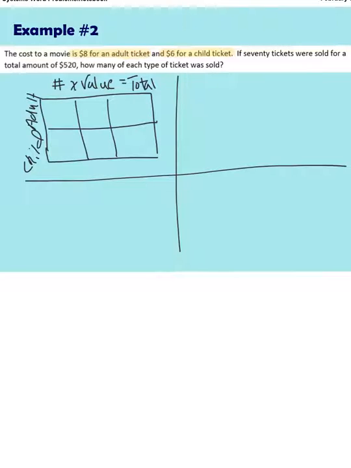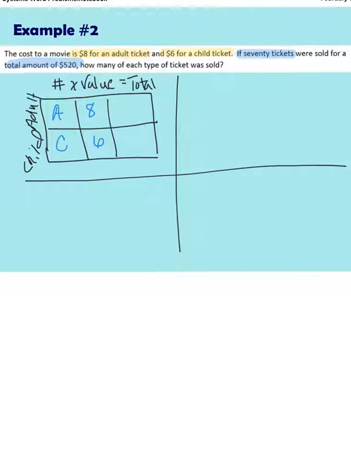So I'm going to let A equal my number of adult tickets because I don't know that, and I'm going to let C be my number of child tickets. I do know that the value of an adult ticket is $8 and the value of a child's ticket is $6. Then as I keep reading, if 70 tickets were sold for a total amount of $520, how many tickets of each type were sold?